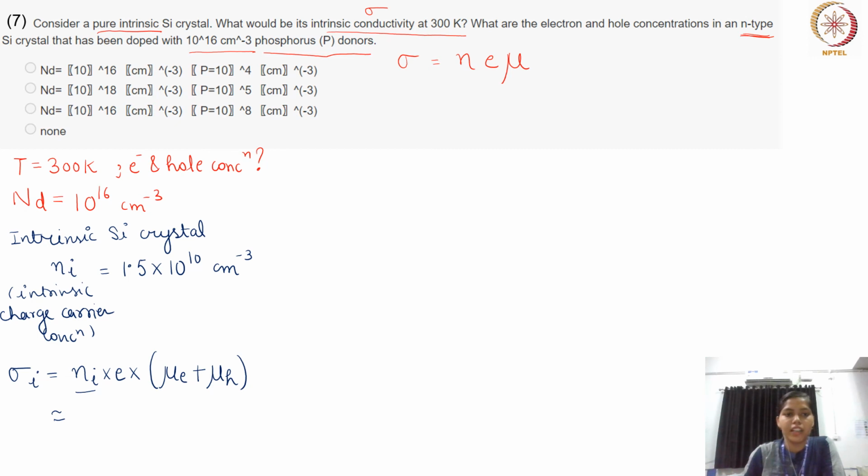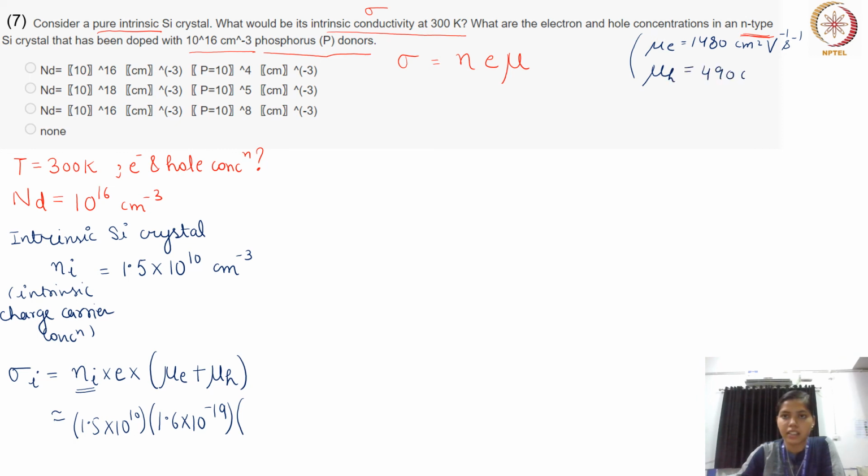So my value of sigma, this ni is 1.5 into 10 raised to the power 10, charge on electron 1.6 into 10 raised to the power minus 19, and also one more thing, that mu n is, you can take 1480 centimeter square volt inverse second inverse, and mu p, that is your 490 centimeter square volt inverse second inverse.